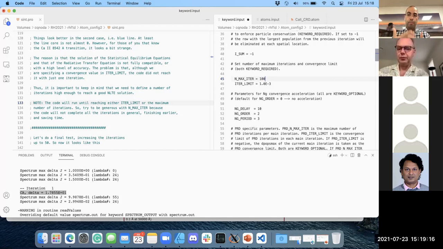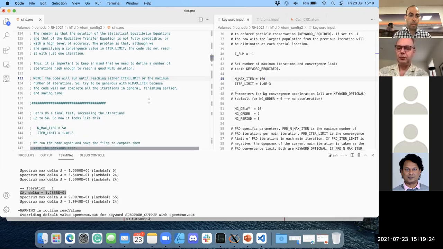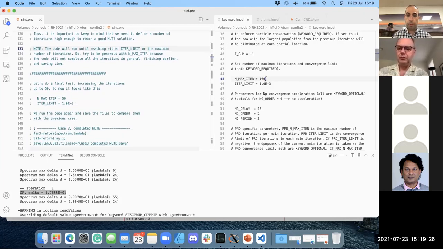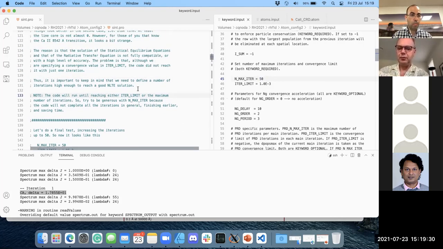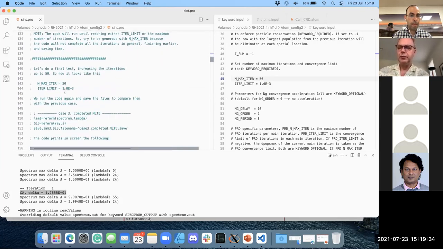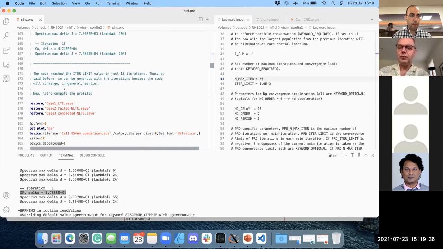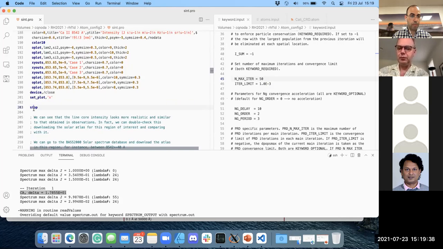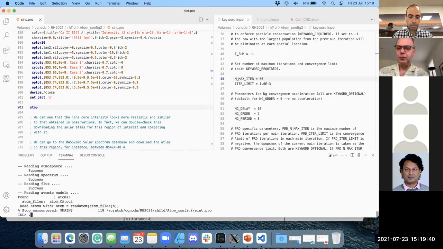Then when solving the problem, you will have a high accuracy for the non-LTE problem. Okay, so what I proposed was 50. So let's put 50 here. And now we are going to remove this stop. And I have a stop here. Okay, so then I compile again.